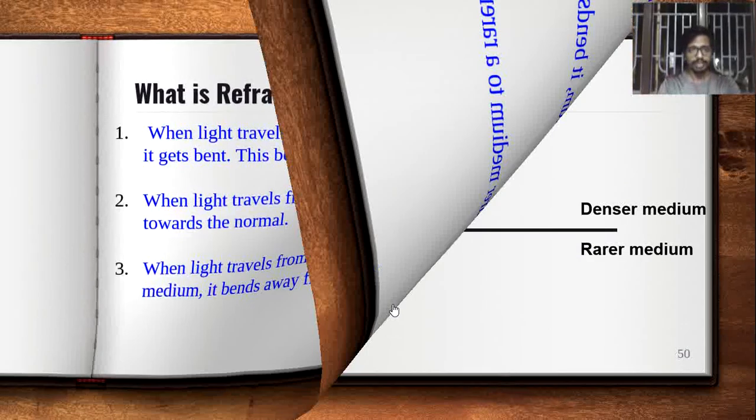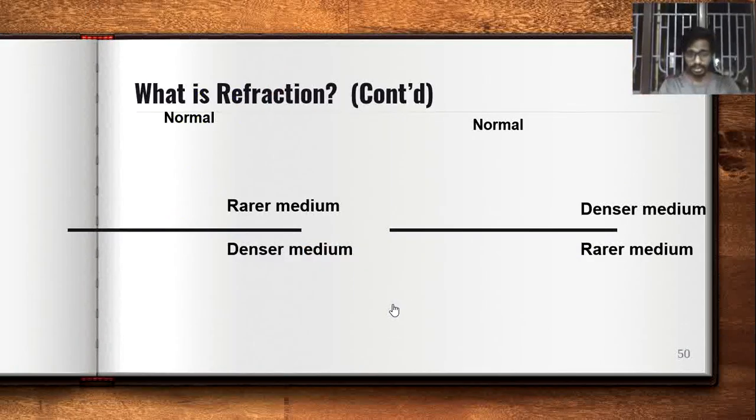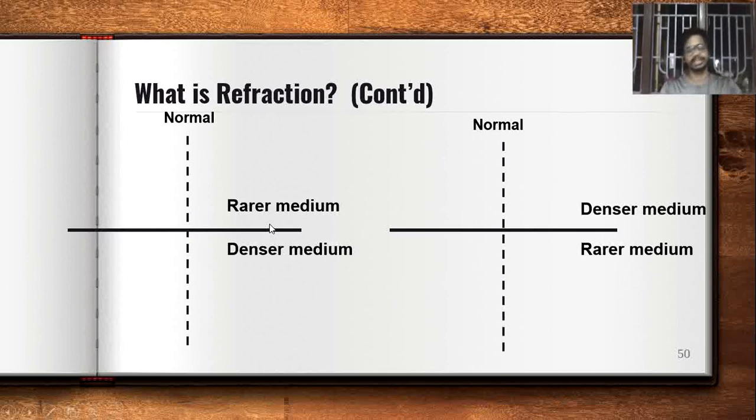Now, what is refraction, we are discussing with the diagram I am showing. Suppose this is the rarer medium. Let the rarer medium be air, and the denser medium be water.